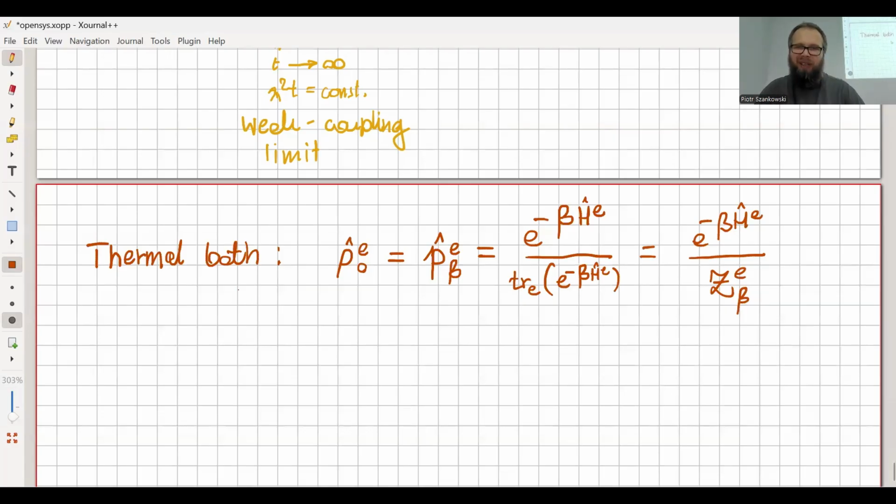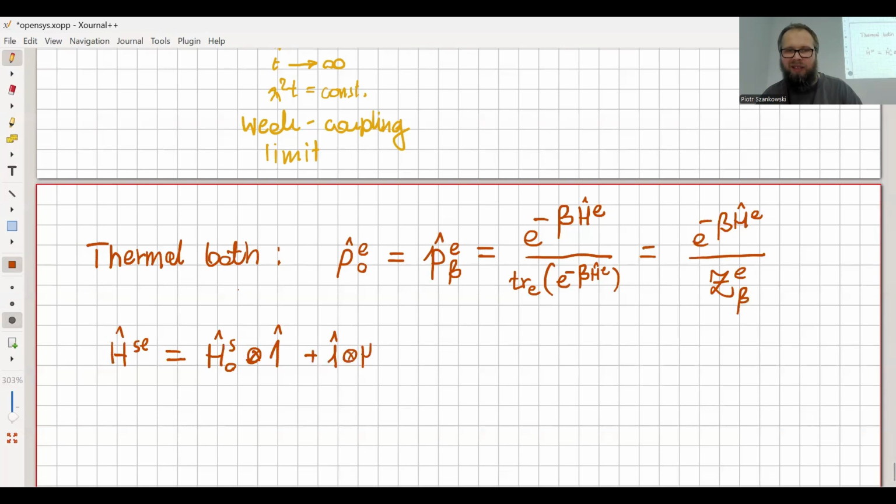Probably I should write down what the Hamiltonian is. So we will use a fairly generic Hamiltonian here. We have some bare Hamiltonian of the system. The convention is exactly the same as we used previously.